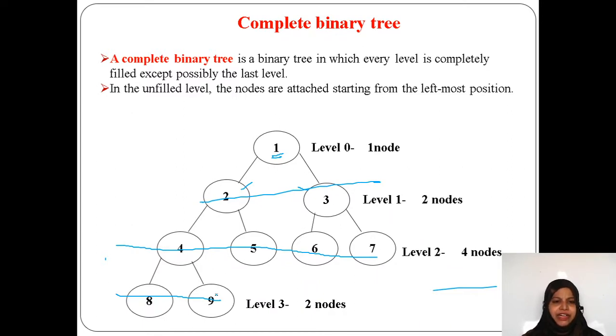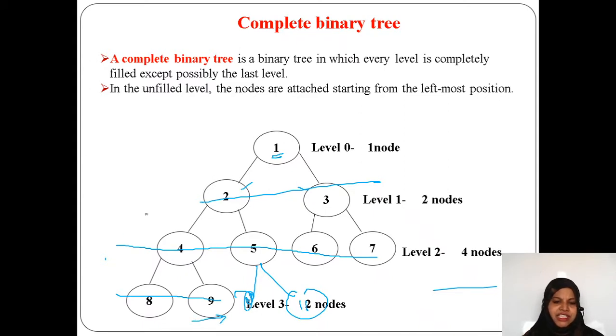In the unfilled level, all the nodes are attached from the leftmost position. From the leftmost position only we have to add. For example, I am going to add one more node, that is 10. Now I am going to add one more node, 11. So from the left side only we have to add.